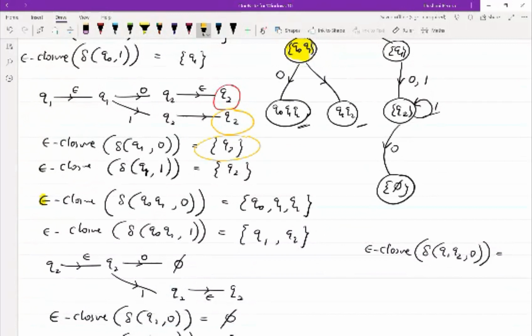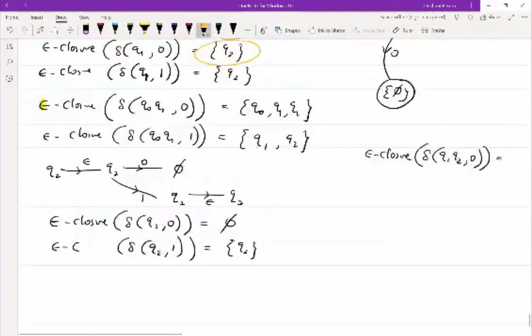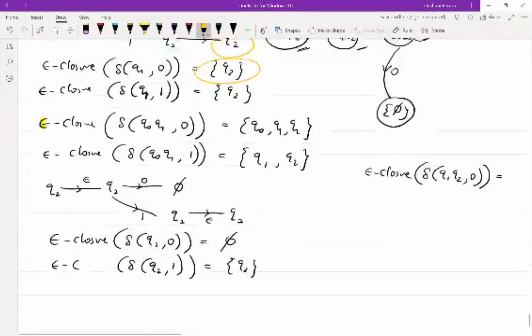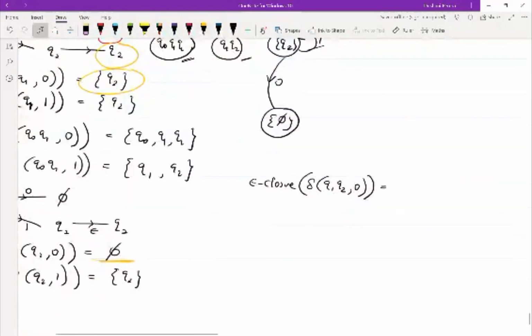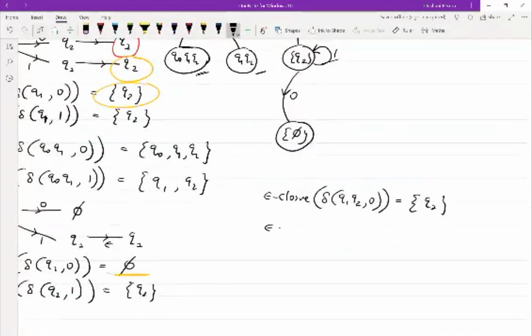And then when I give Q2 a 0, there's nowhere that I can go. Therefore, the answer here is Q2.